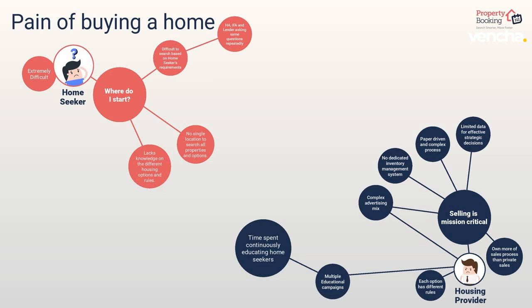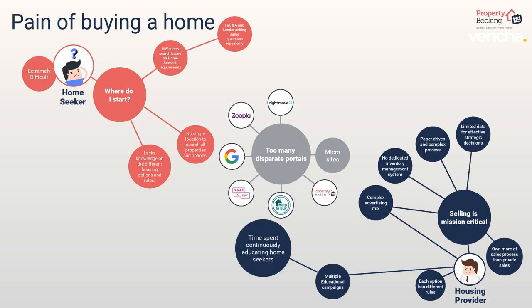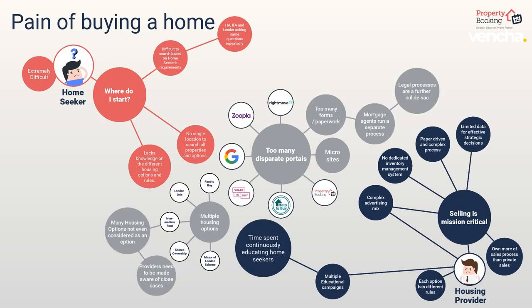Now, I haven't got time in a 7-minute video to go through every single aspect of this pain, but what you can see is as this presentation grows, the housing provider explains that they have to advertise on multiple different portals and with multiple different housing options. And this was causing a whole network and data lake of the same information being regurgitated over and over and over again.